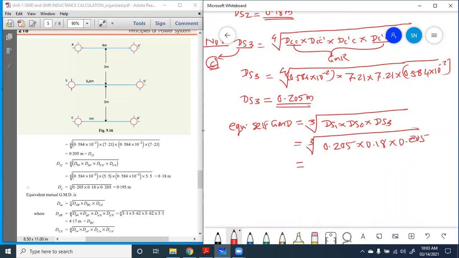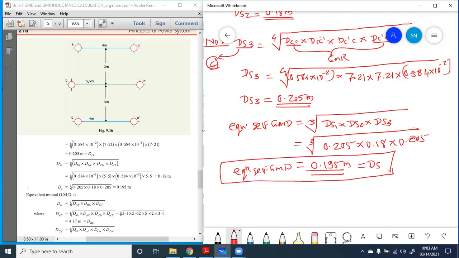Solve in calculator, answer becomes 0.195 meter. Now this is the equivalent self GMD, also called DS. Okay, now this is the first required answer.